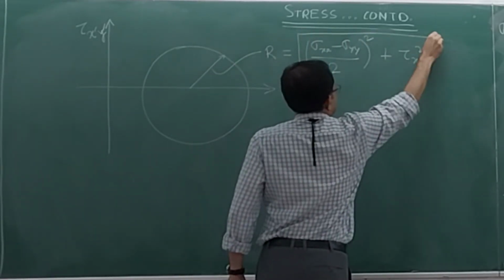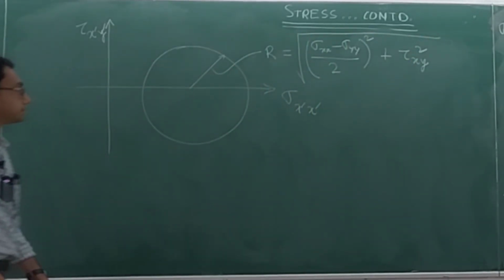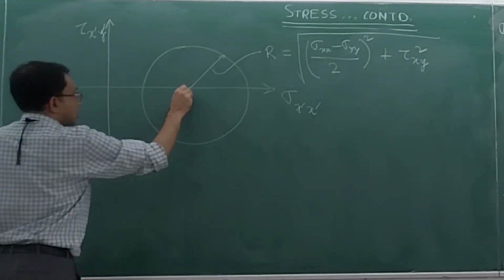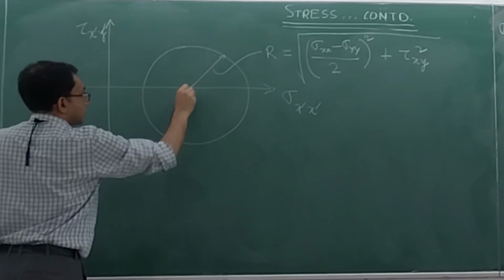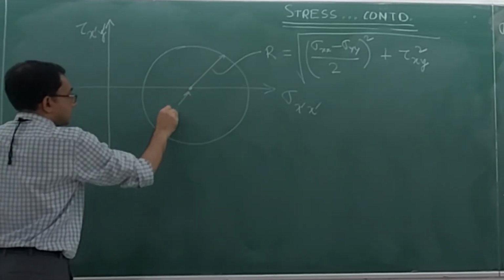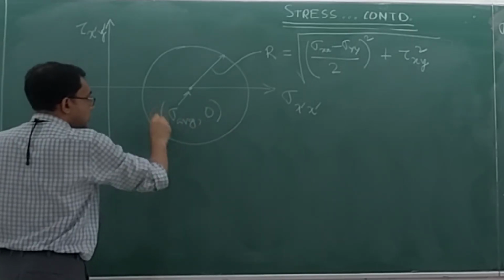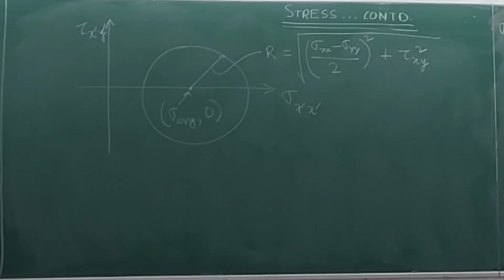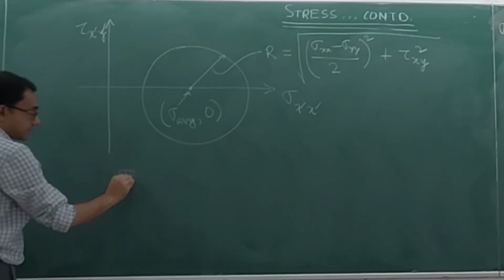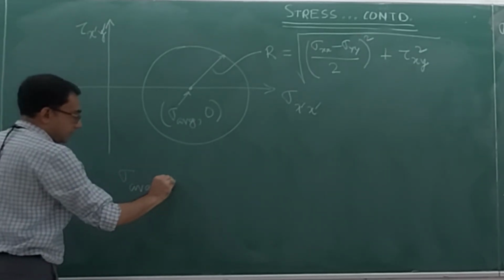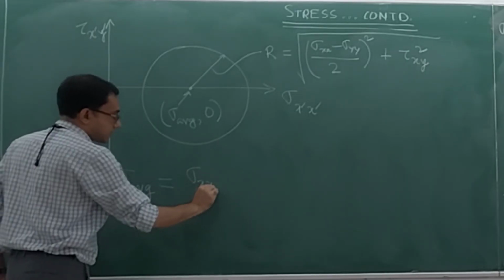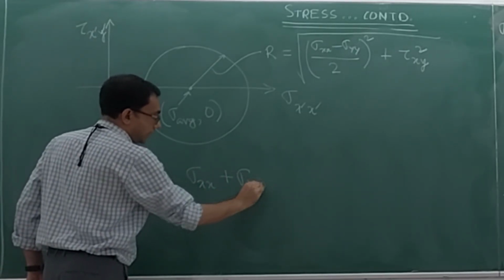And this particular coordinate is usually referred to as the sigma average comma 0 point, where the sigma average is nothing but (sigma xx plus sigma yy)/2.